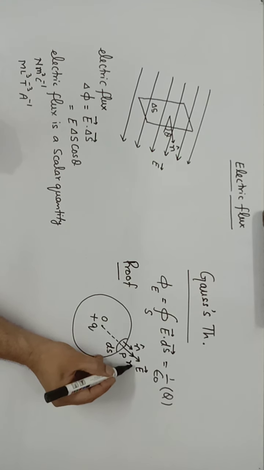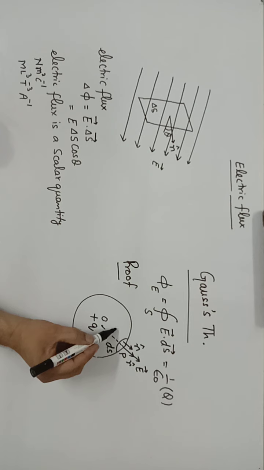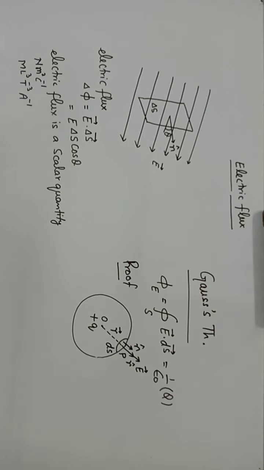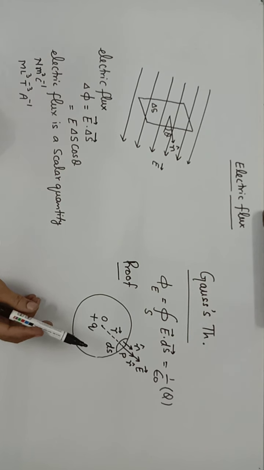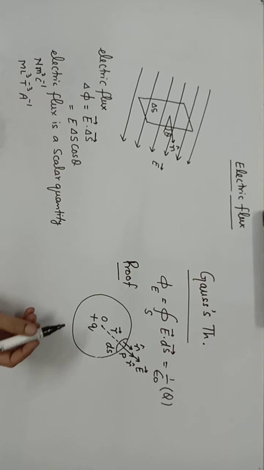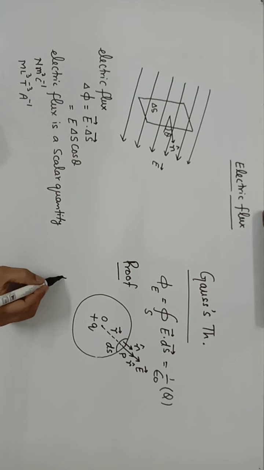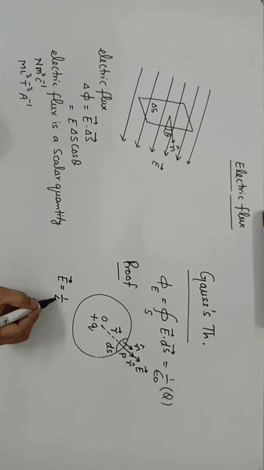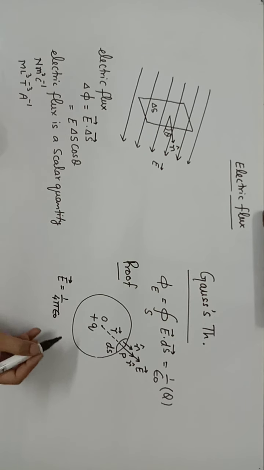Unit vector. This is the radius vector. So at the point P, we have to find the electric field. According to Coulomb's law, the electric field intensity at any point P on the surface of the sphere is E equals 1 upon 4 pi epsilon naught Q upon r square.